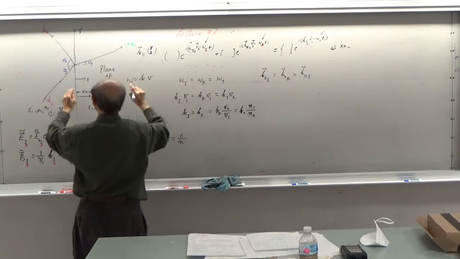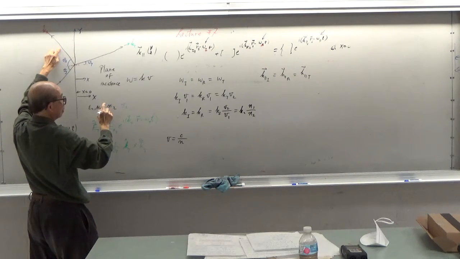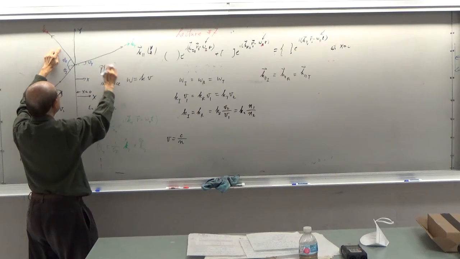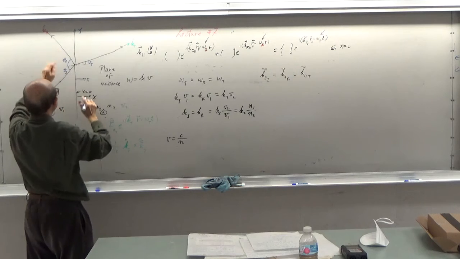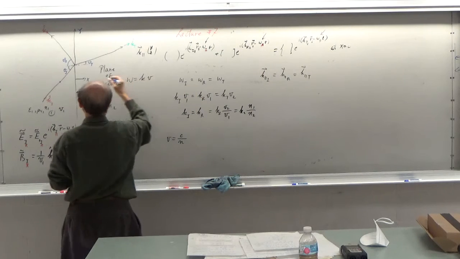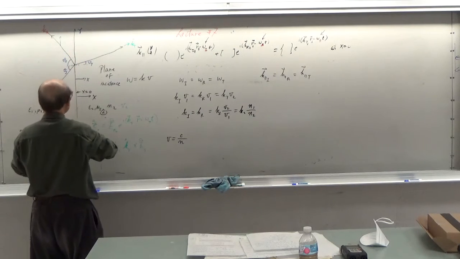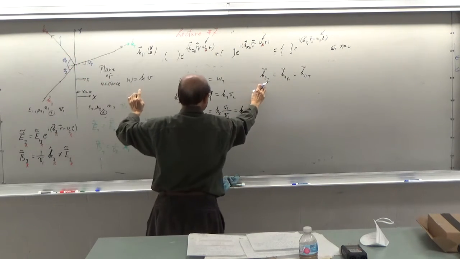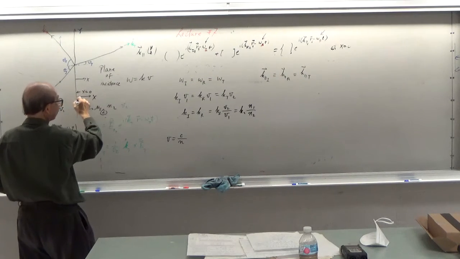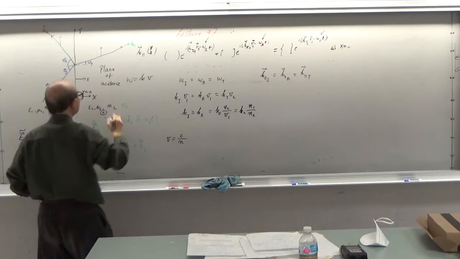Among the parallel components, you have y components and z components. The z component of course is 0 because this is the plane of incidence. Everything lies on the x-y plane, so this boils down to the requirement that the y component of the wave vector for the reflected beam, the incident beam, and the transmitted beam must be equal.